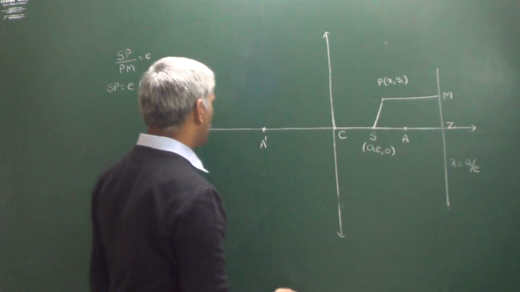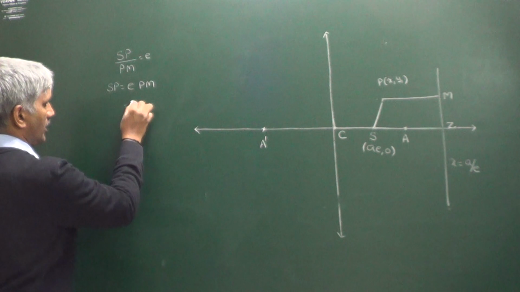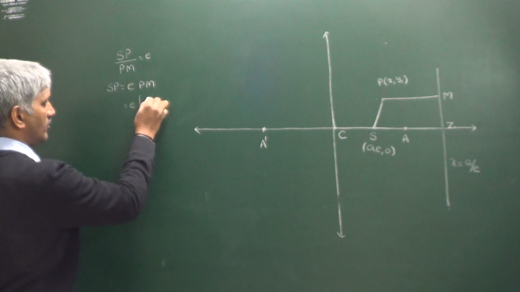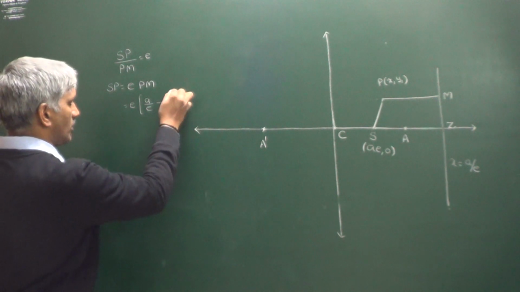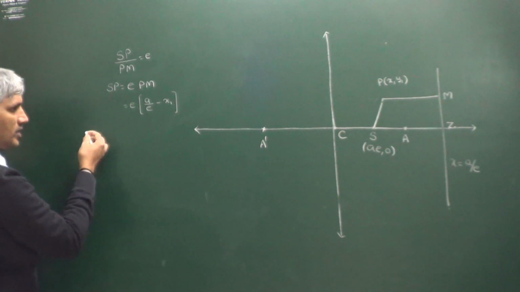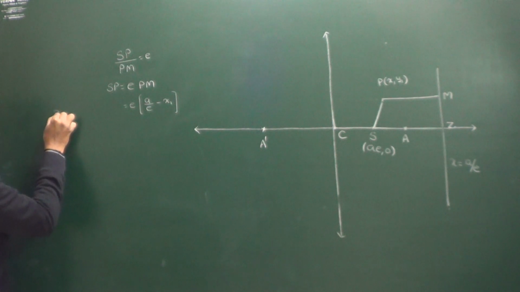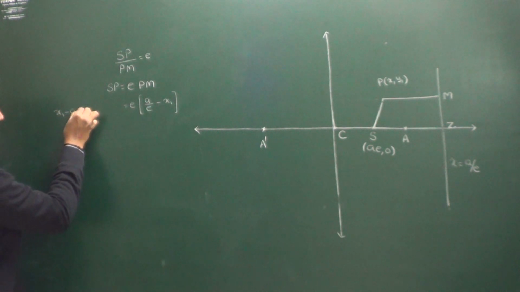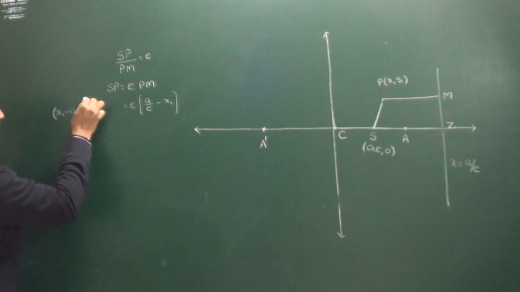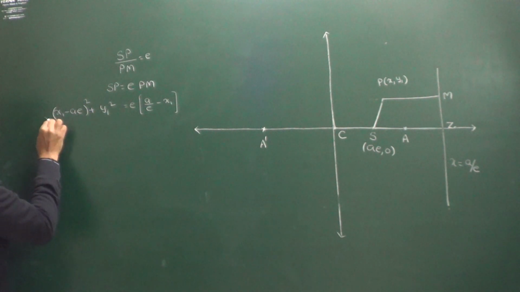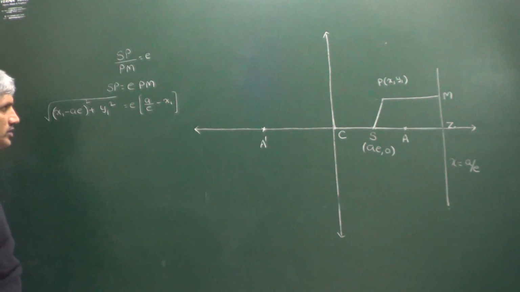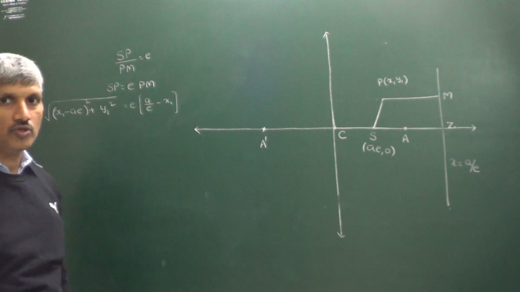So PM is equal to A by E minus x1. But what about SP, the distance between S and P? That is nothing but the square root of x1 minus AE whole square plus y1 square. So SP is equal to E into PM.